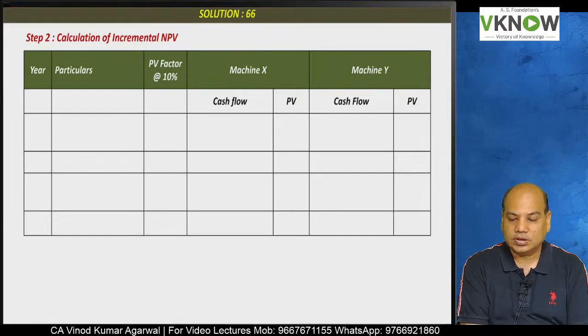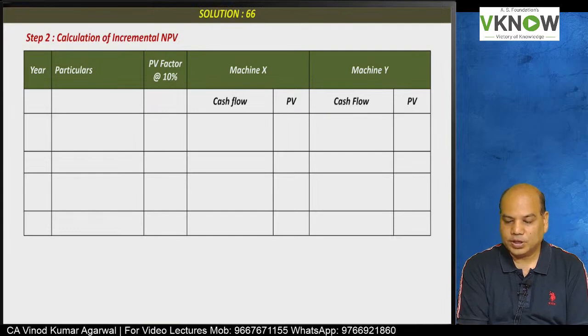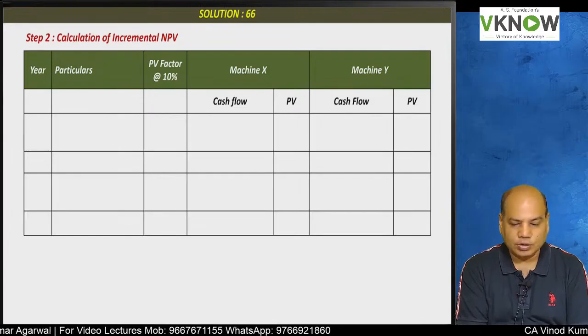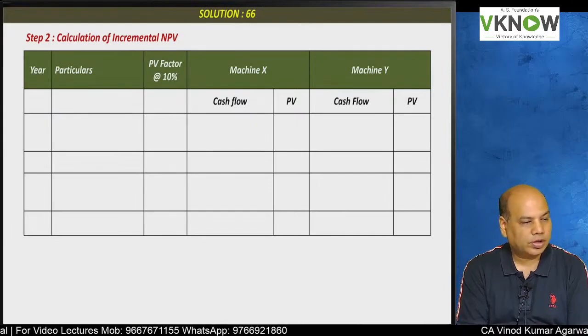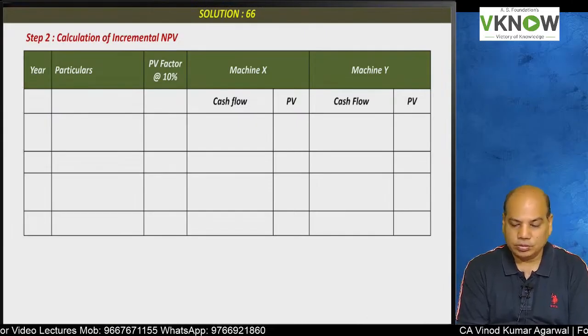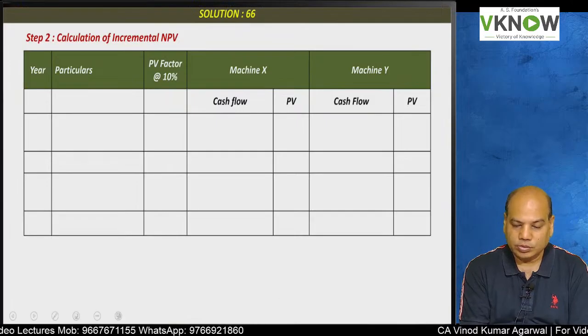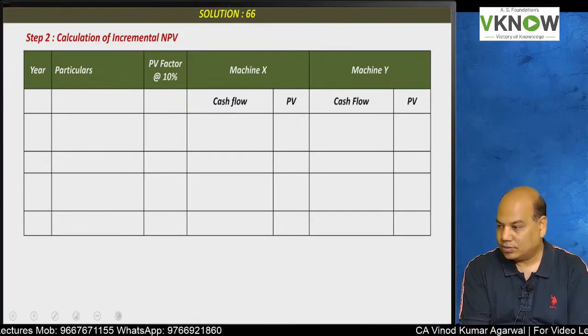Then machine X, under that 2 columns, cash flow and present value. Machine Y, 2 columns, cash flow and present value. Ready? After you have drawn the format, please inform me.